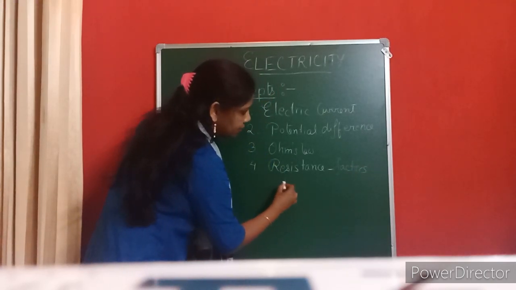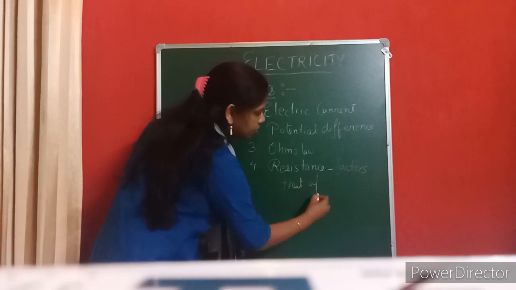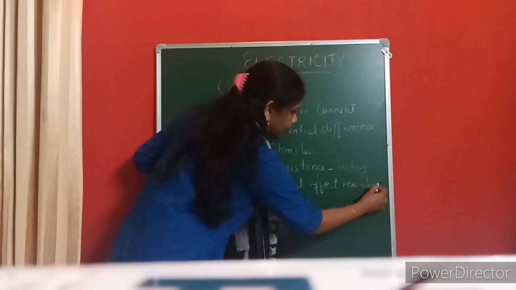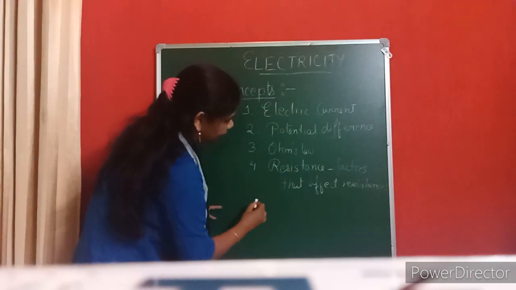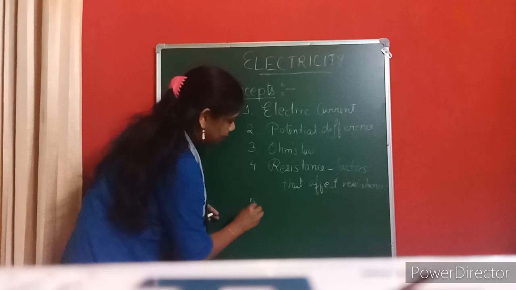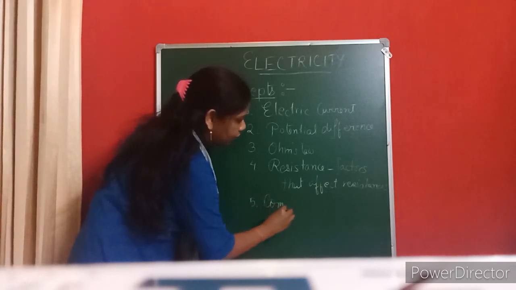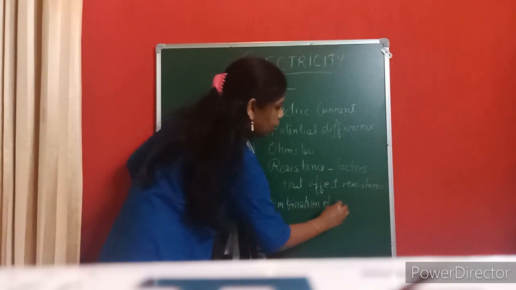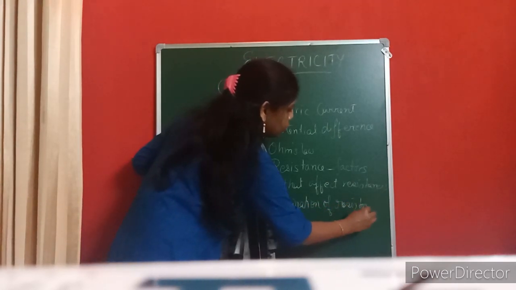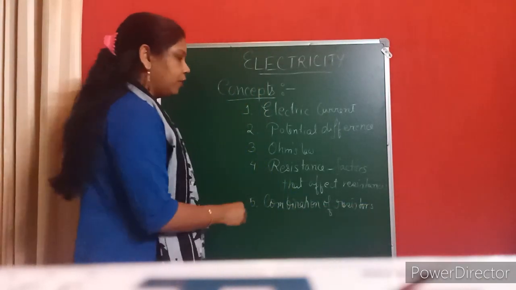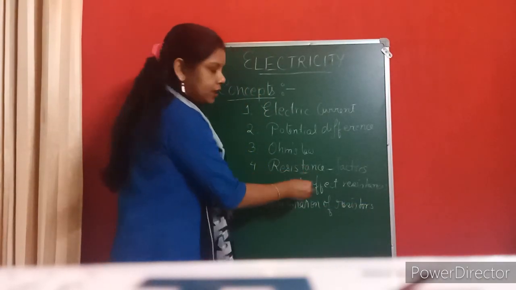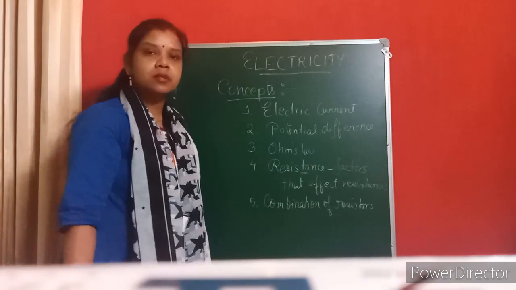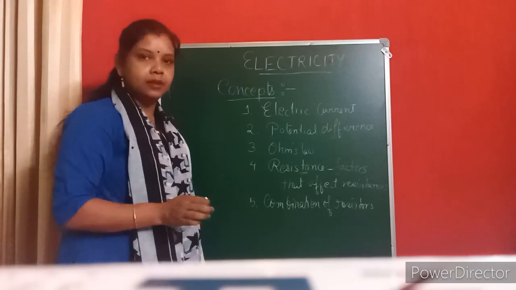Next, number 5, combination of resistors. First of all, we will discuss the meaning of resistance, then the factors that affect resistance. Next, we will discuss how the resistors can be connected in a circuit.